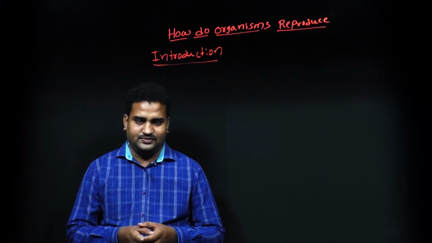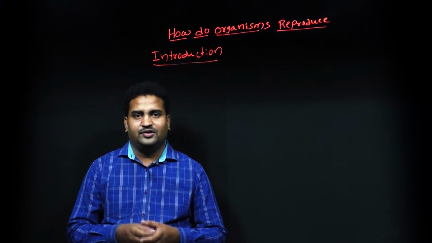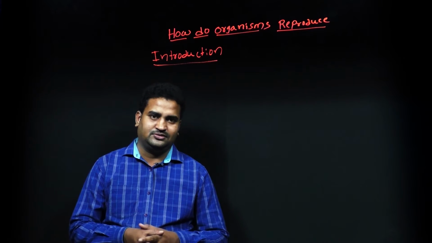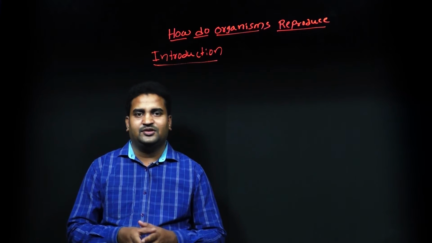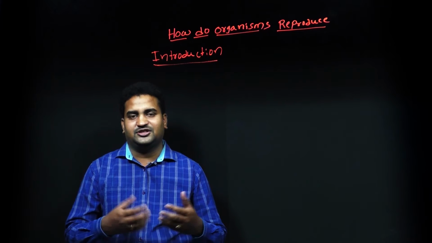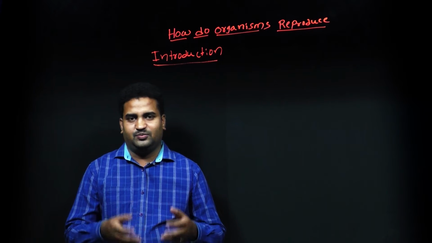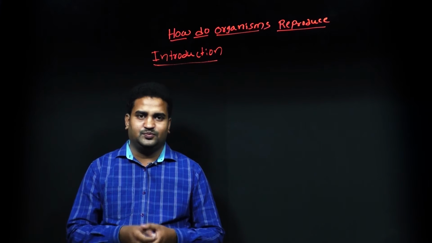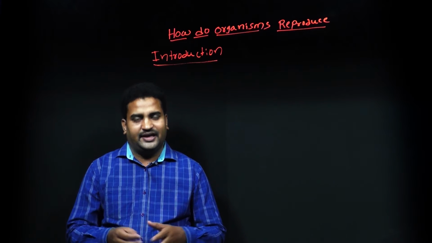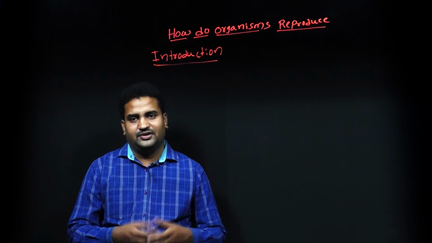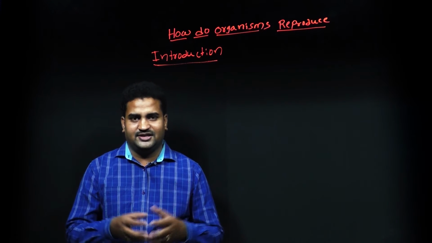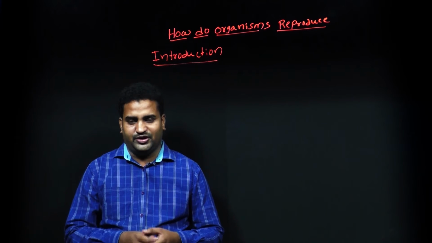New organisms arise from already existing organisms through the reproduction process. So reproduction is the ability of an organism to produce young ones similar to it. Now let us understand the kinds of reproduction.